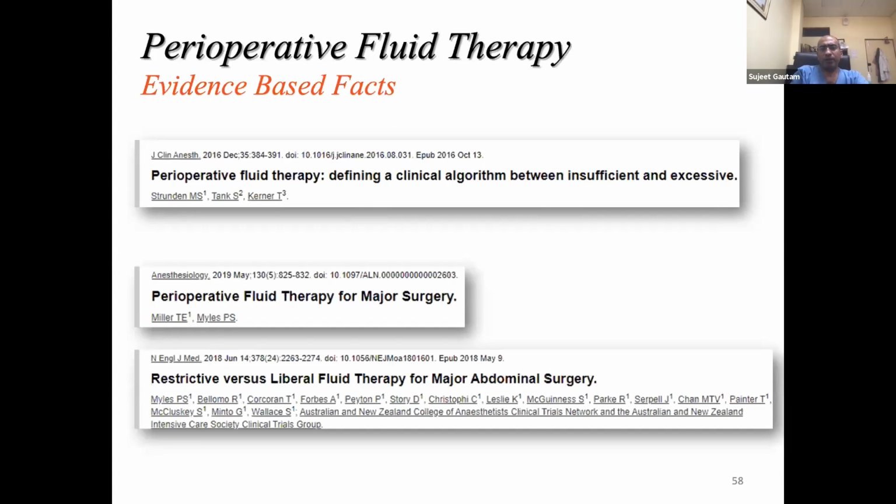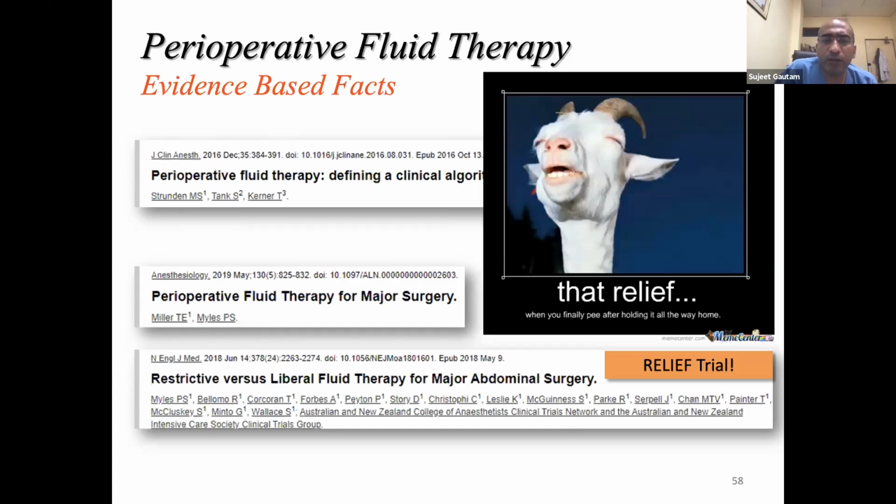But subsequently, in the years to come, these two articles came, and this article published in NEJM in 18, commonly called the RELIEF trial. I don't know, after adopting this kind of suggestion, whether we will get relief in the perioperative period, similar to this guy who seems to be so much relieved.